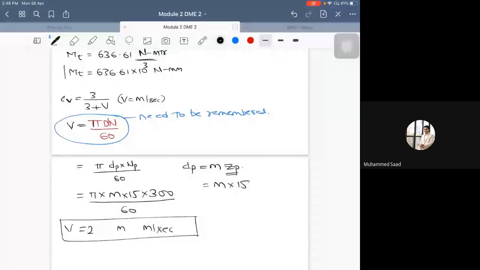How much? 235.61 m. Are you sure about this value? Yes, 235.61 m.